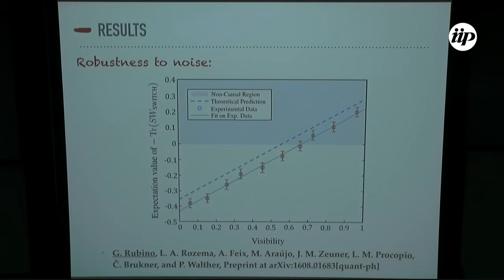As you can see, there is a discrepancy between the theoretical trend and the experimental trend, although this is still enough to demonstrate that the process we have implemented is actually causally non-separable, and we are still able to detect the causal non-separability of the setup also when we have a diminution of the visibility of the fringes of roughly 35%.